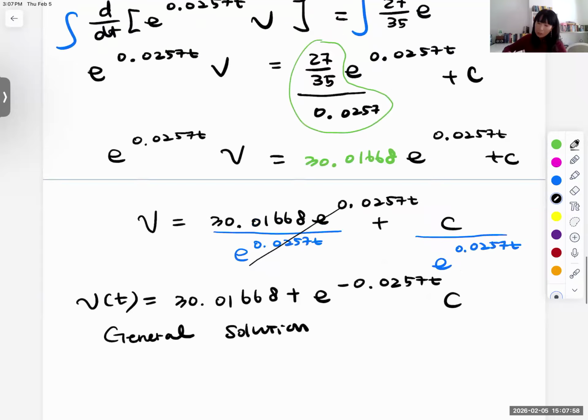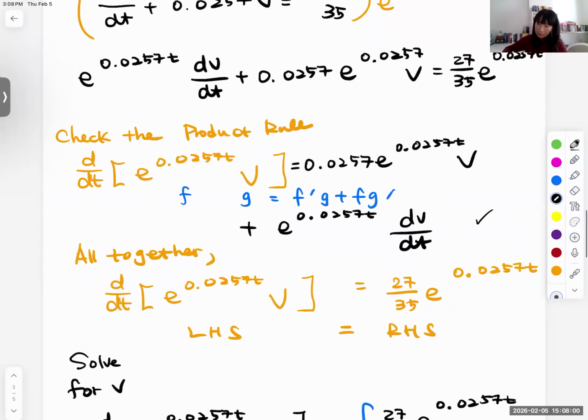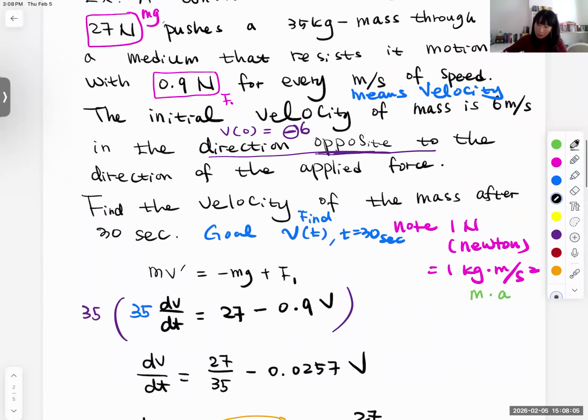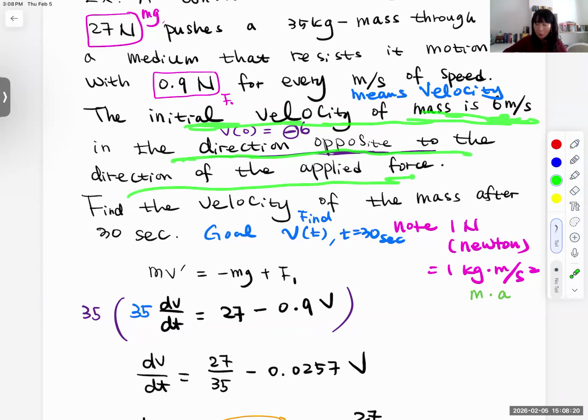So the initial velocity of the mass is 6 meters per second. But then they say that it is in the direction opposite to the direction of the applied force.